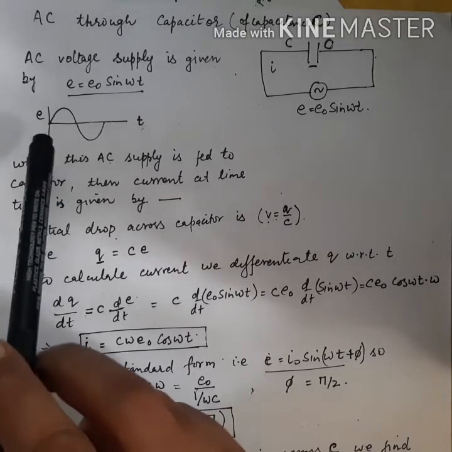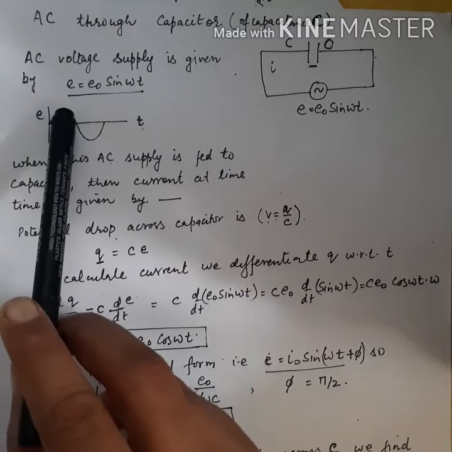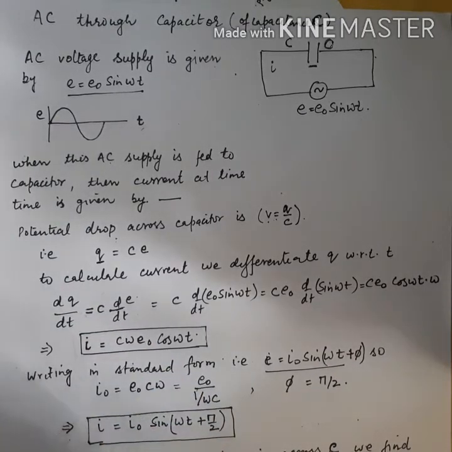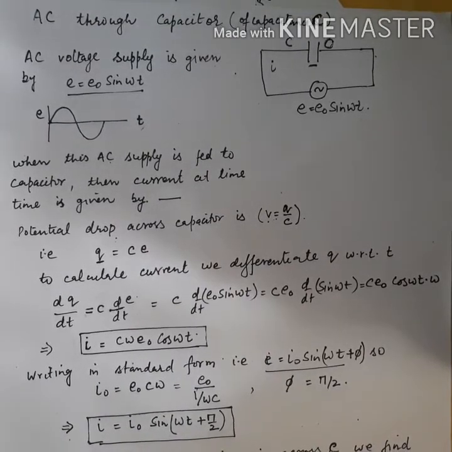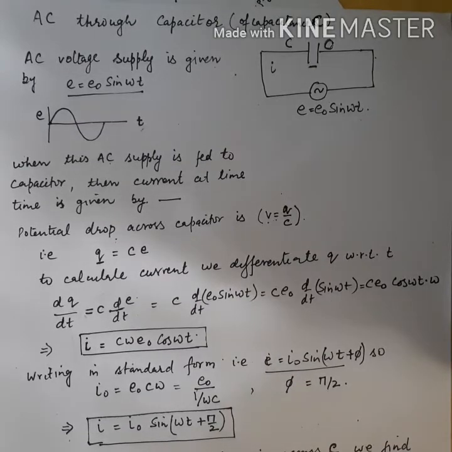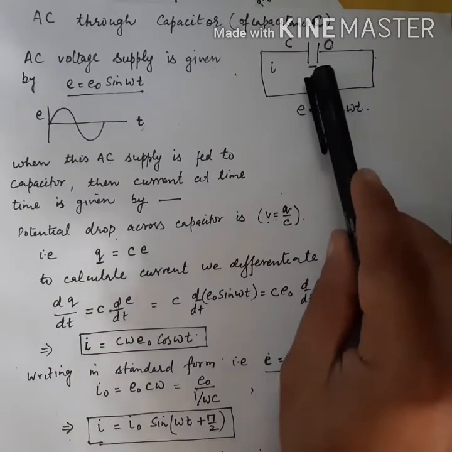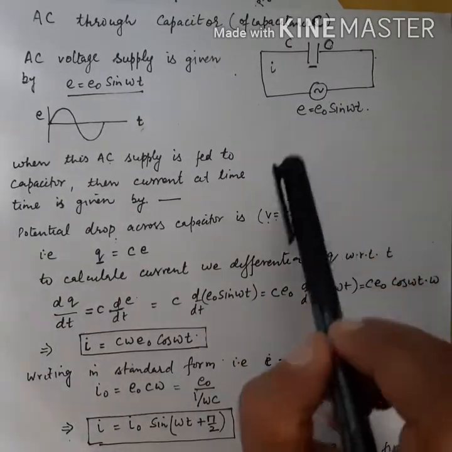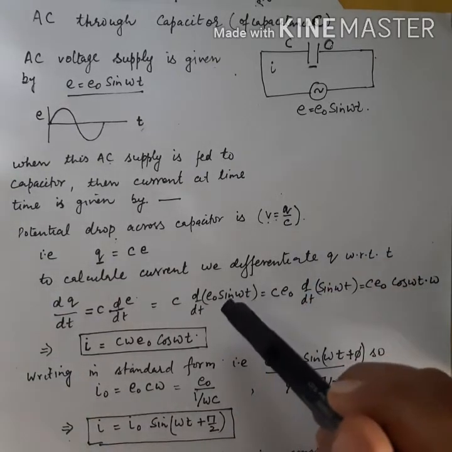Now, if you see here, the magnitude of the alternating voltage keeps on changing with time and changes its polarity after half of a cycle. Now, to discuss how the capacitor behaves, I draw this capacitor having a capacitance C, connected with the AC power supply, that is E0 sin(ωt).